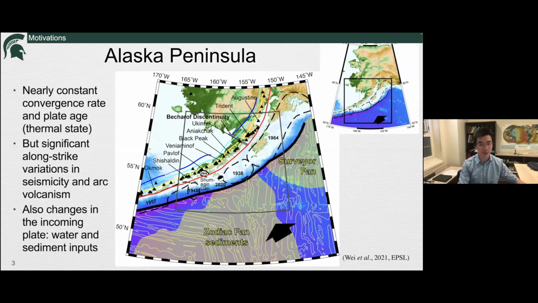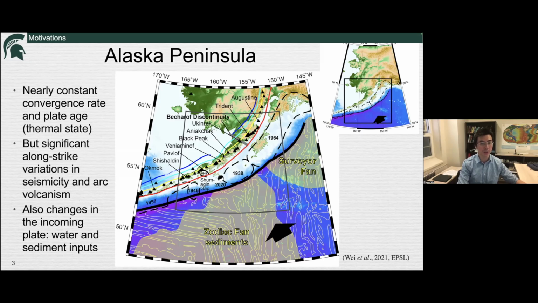This is a place where we see a lot of along-strike variations in earthquakes and volcanism. For example, on this map, these dashed contours outline the megathrust large earthquakes that happened in the last century. And as you see, this is what we call the Shumagin Gap. Why has no large earthquake happened in that part?